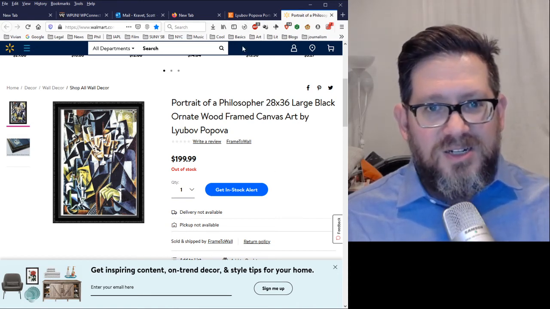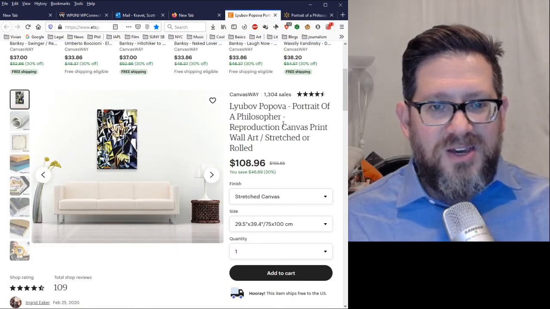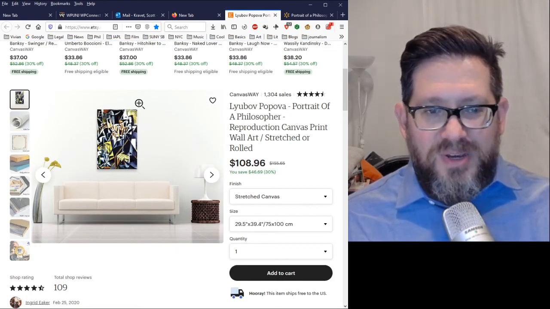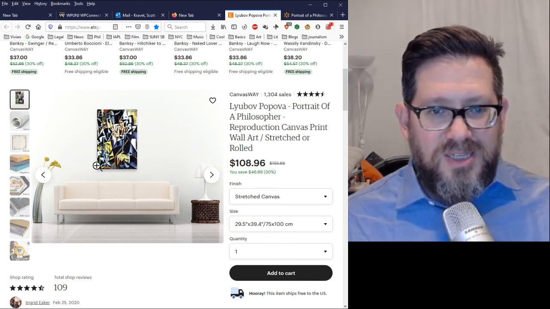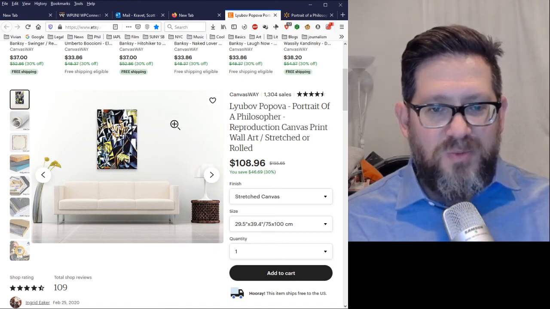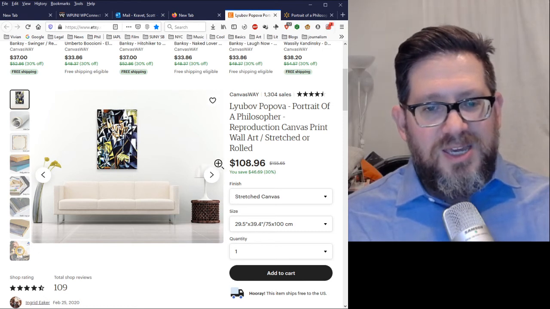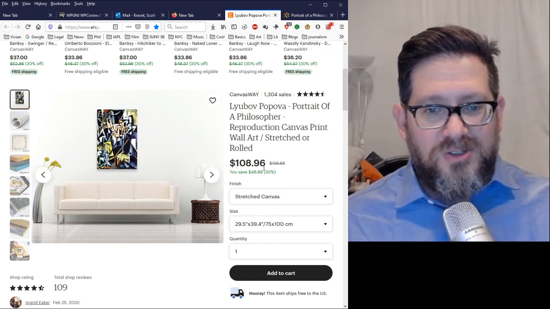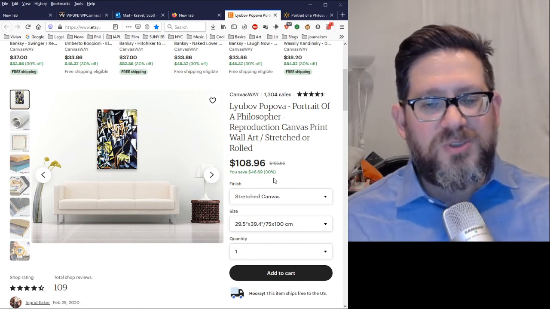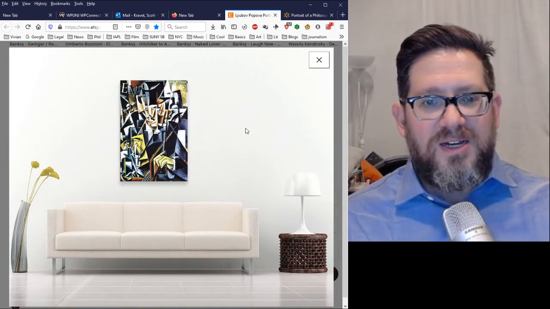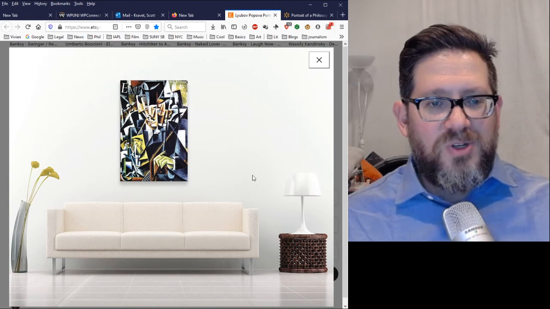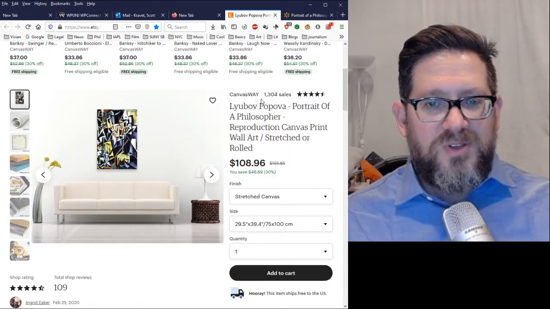But I did a little more research, and on Etsy, you don't get the frame, but you can still get a reproduction. These are canvas print reproductions, and you could have it stretched, and it will only cost you $108.90, because right now you can save $46.69, 30%. So I guess this is a great bargain. I don't know, but it's a pretty interesting picture of a philosopher.